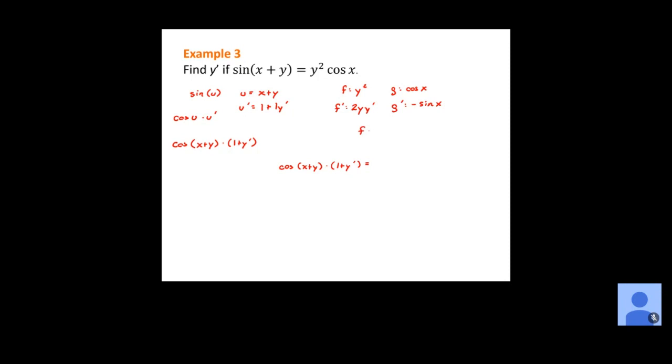Remember, the product rule is just going to give us f g prime plus g f prime. We've got y squared times negative sine of x, plus cosine x times 2y y prime.